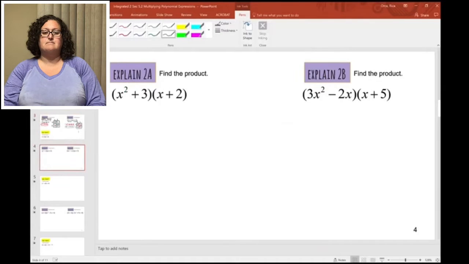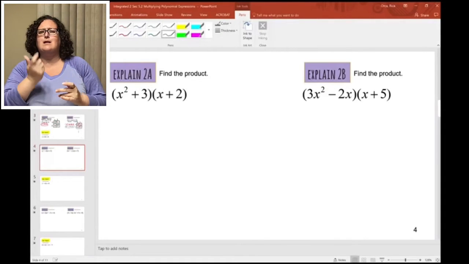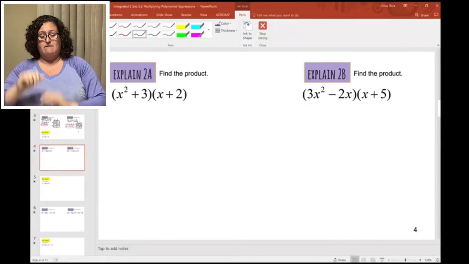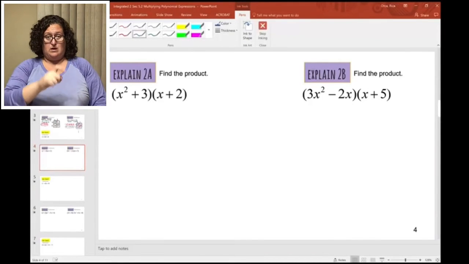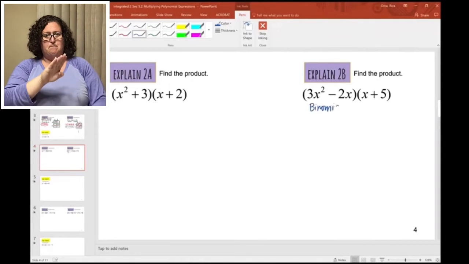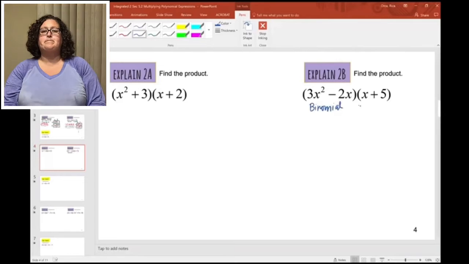Now let's look at something a little more challenging. In explain 2b, we have 3x squared minus 2x times x plus 5. 3x squared minus 2x is a binomial. And x plus 5 is another binomial.